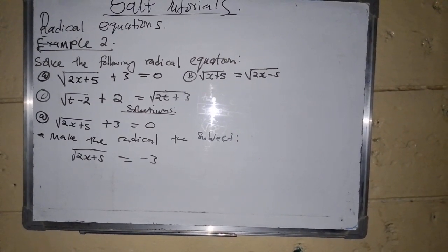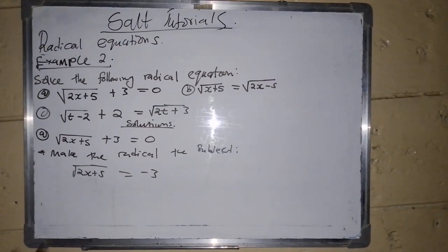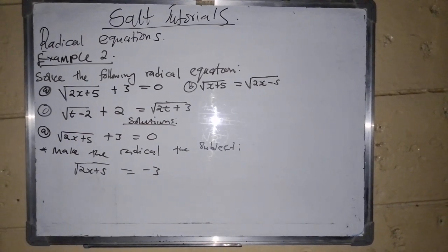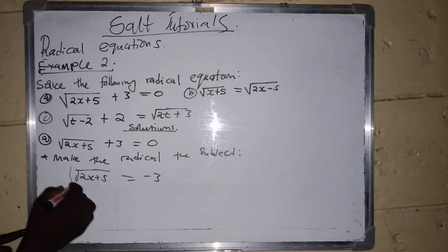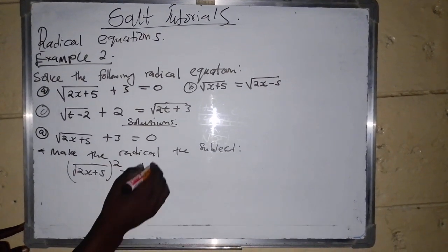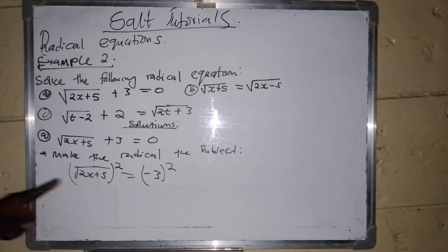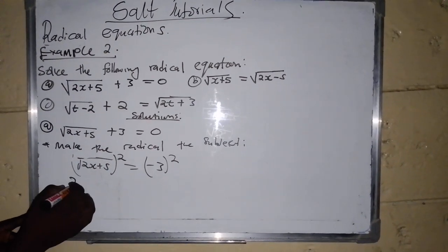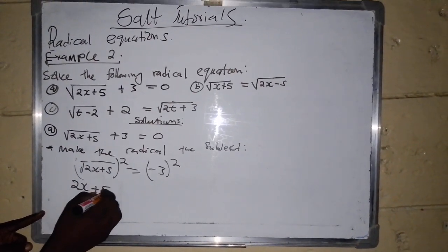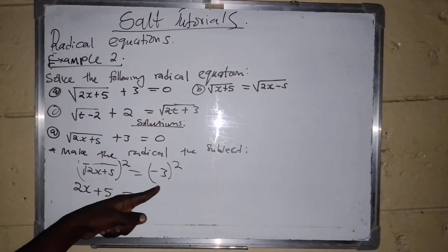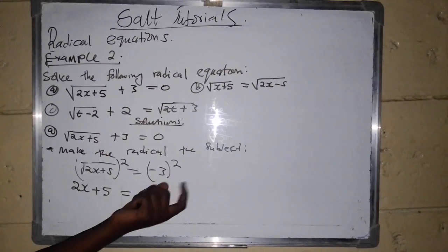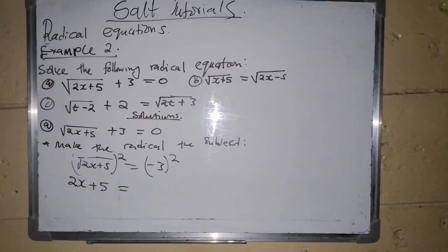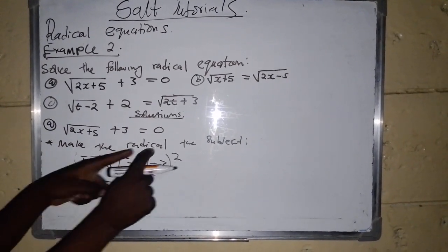Next, I go to my usual step of making sure that my radical is deleted. How can I delete this radical? This is just as good as squaring both sides. Squaring both sides, the radical here is deleted. I will remain with 2x plus 5. This is negative 3 squared. This is not just 3 squared, but negative 3 in brackets and squared. Remember, we square both expressions, the left side and the right side.